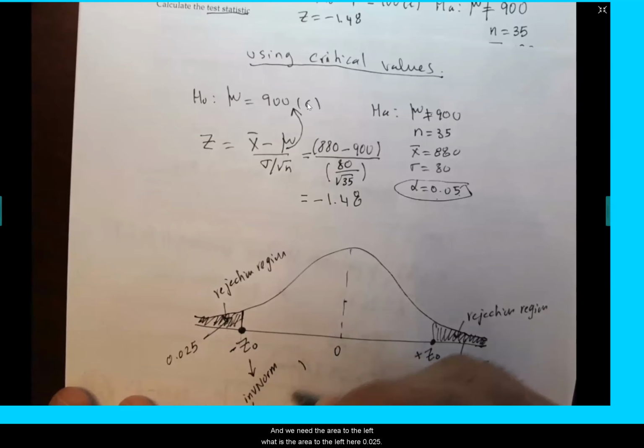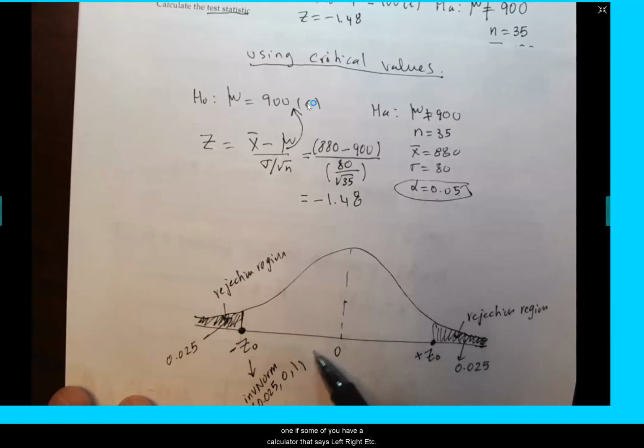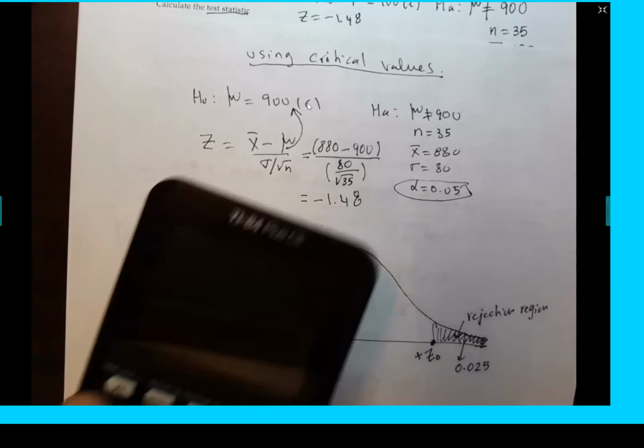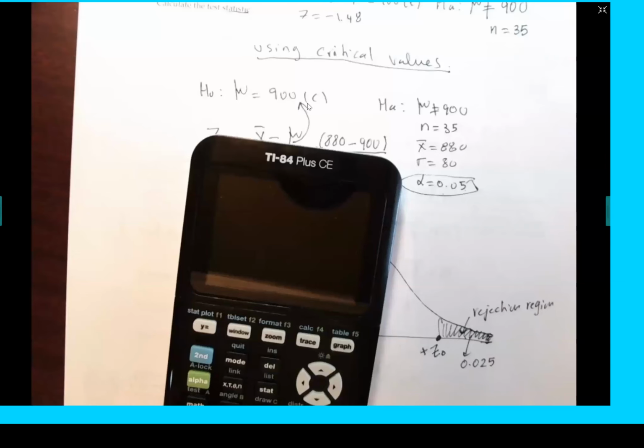What is the area to the left here? 0.025. And then comma 0, comma 1. If some of you have a calculator that says left, right, etc., you could just put left because we're doing the left one. And if you do the inverse norm on this one, it's going to be negative 1.96, and I'll show you.